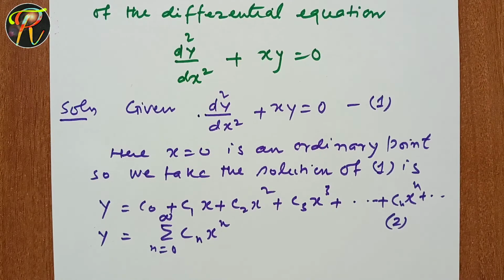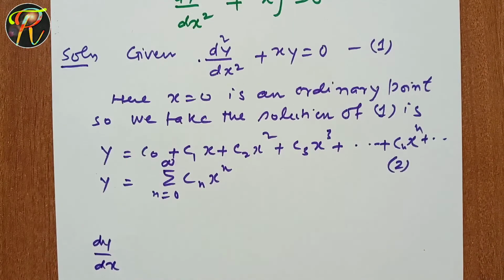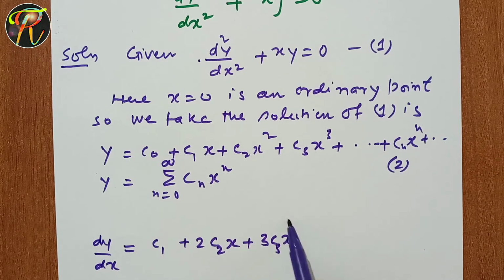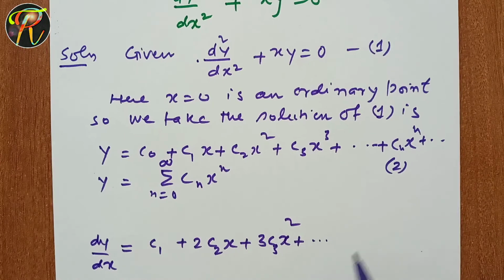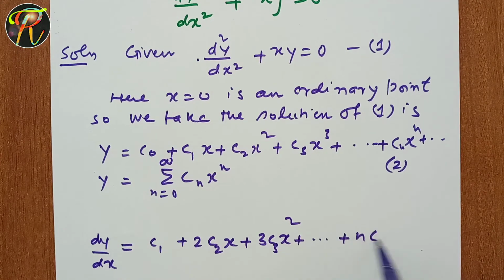Now this is the solution. First we differentiate equation 2, so dy by dx is equal to c1 plus 2 c2x plus 3 c3x square plus so on, plus n cn x^(n minus 1).